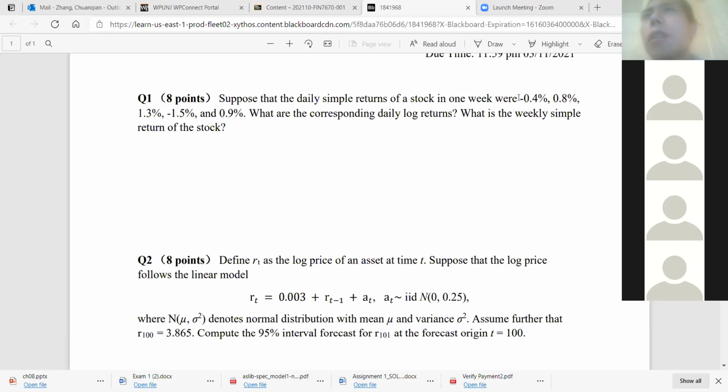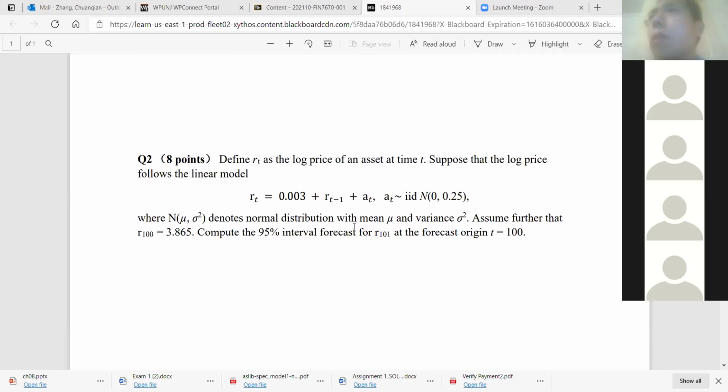If you calculate the simple return over the entire period, you just simply multiply them, for example, the first day 1 minus 0.4% times 1 plus 0.8%, and so on. And for the daily log returns, you just simply take the log on each day and then sum together. I have posted the solutions there, and hopefully you can go through them by yourselves.